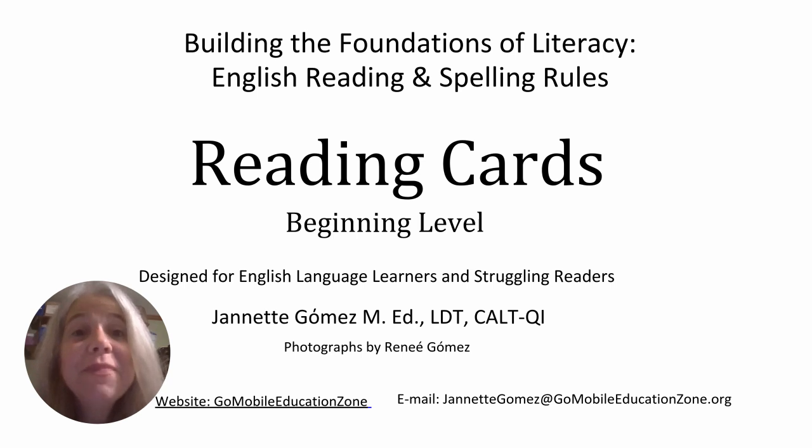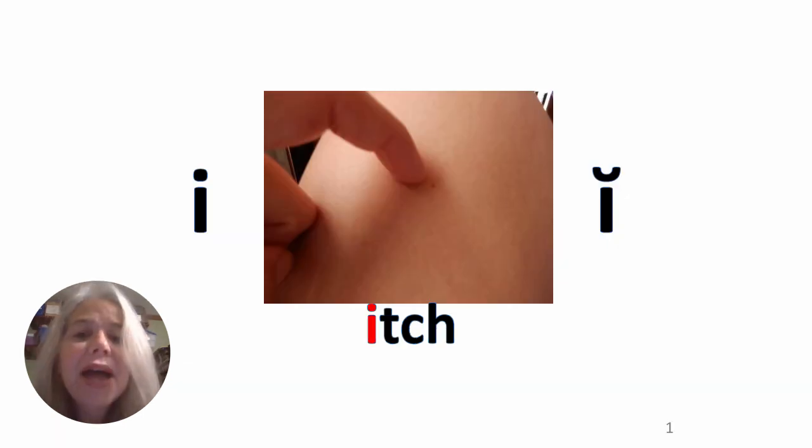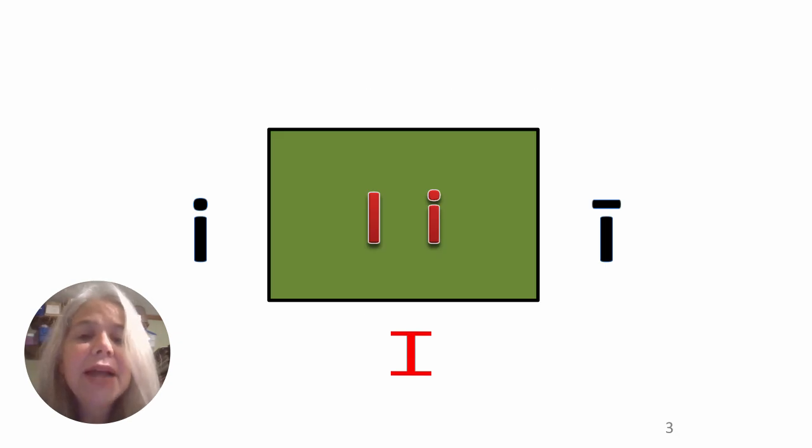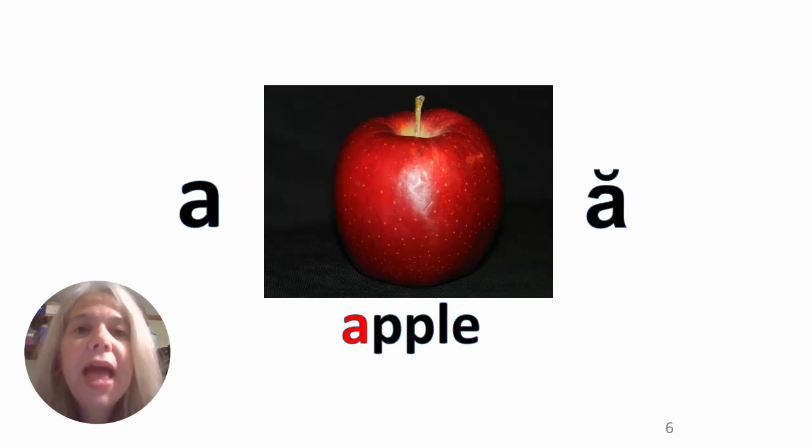Say the letter name, the keyword, and the sound with me. P, pig, p. I, itch, i. I, i, i. T, tomato, t. A, apple, a.